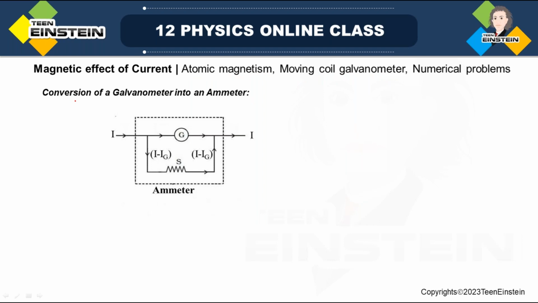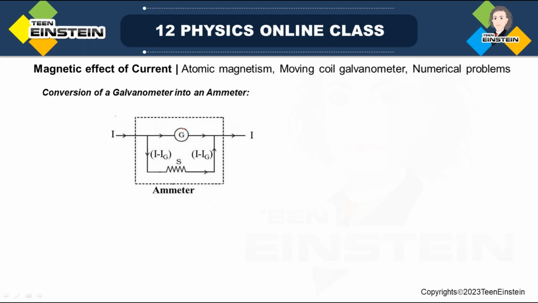So if we want to use a galvanometer as an ammeter, what should we do? Can we use the galvanometer directly in the circuit for measuring the current in a circuit?